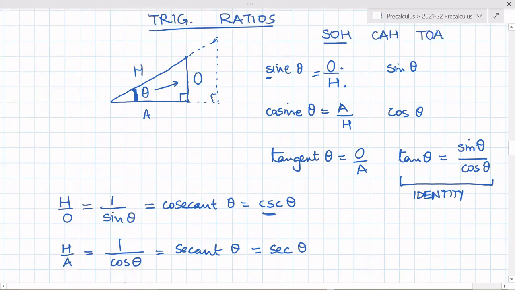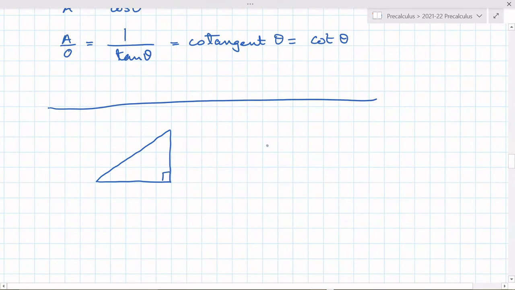Right, so let's take an example. Suppose I say sine theta is 1 over 2. So that means sine is opposite over hypotenuse, right? So I know this is theta. This over that is 1:2.